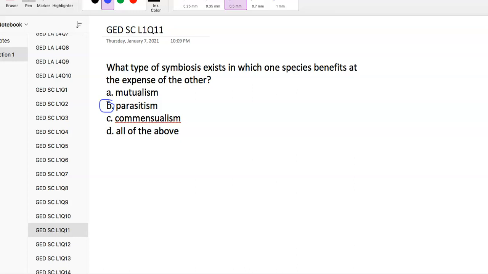Parasitism is a non-mutual relationship between species where one species, which is the parasite, benefits at the expense of the other, the host, right? And so hopefully we can have that idea of differences there between mutualism and parasitism.